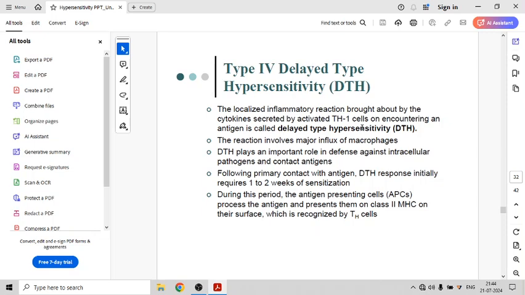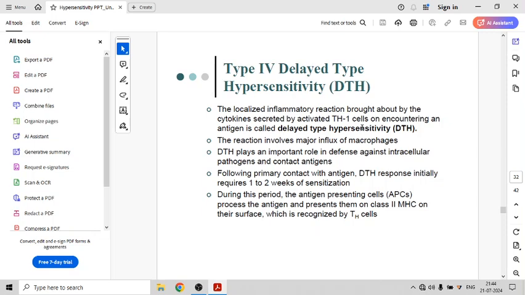Now coming to the type 4 hypersensitivity, which is also called delayed type hypersensitivity. Why is it called delayed type hypersensitivity? The other hypersensitivities may occur within 8 hours, like type 1, type 2 and type 3 hypersensitivity, as well as the type 5 hypersensitivity.